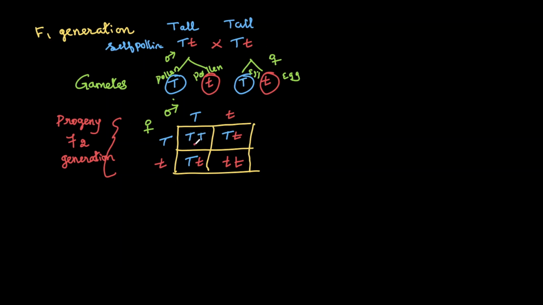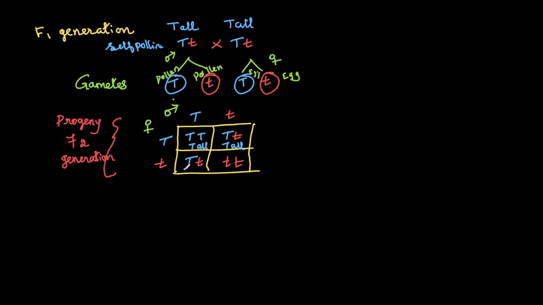Capital T, capital T means the phenotype will be tall because both are dominant characters. Here it is heterozygous, capital T, small t, but still it will be dominant. Only the dominant character will be expressed, so it will also be tall.